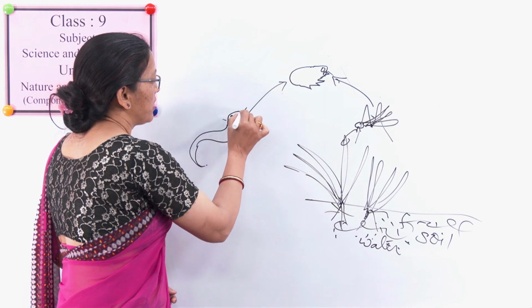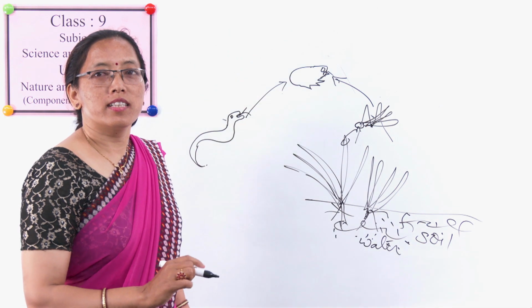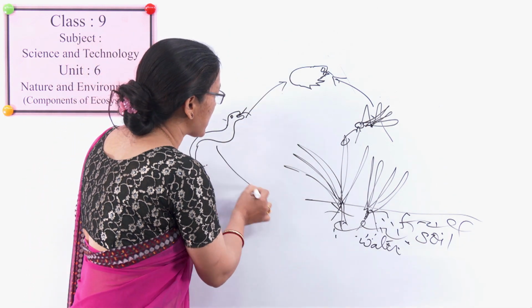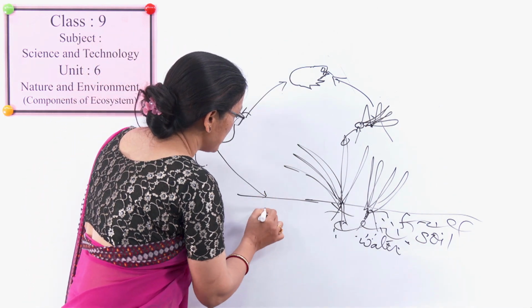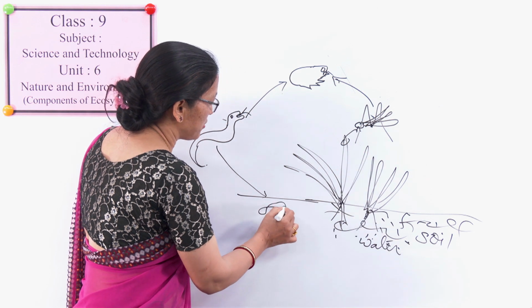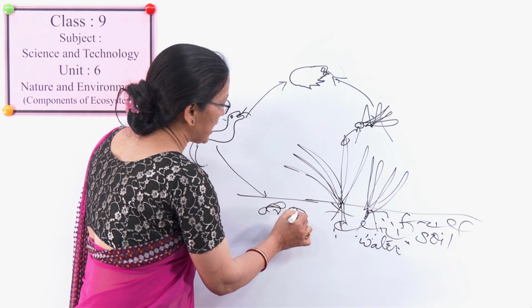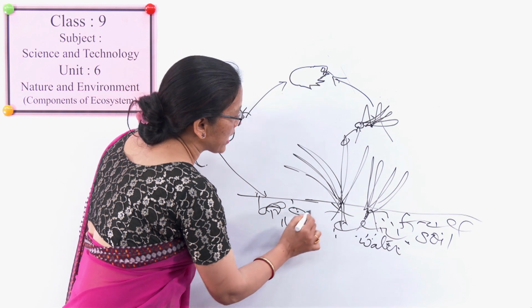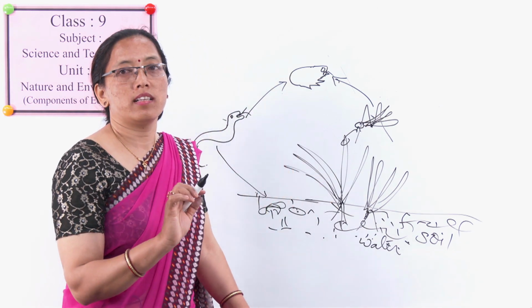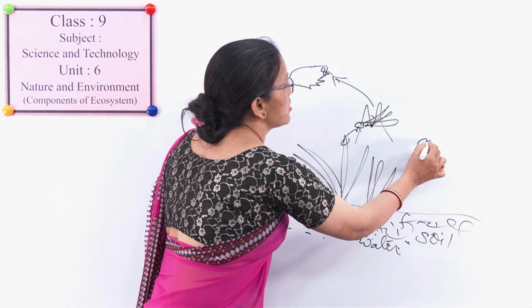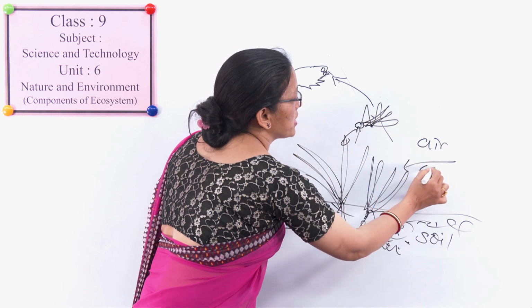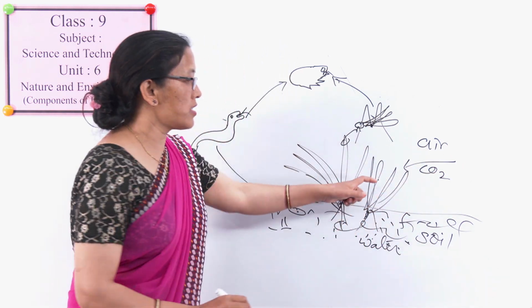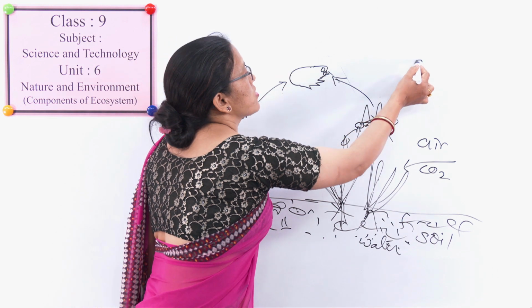snake. Then if this snake dies, what happens? There are different kinds of fungus and bacteria, they will decompose it and it mixes again into the soil. There is air also, which contains carbon dioxide. During photosynthesis it is being used. There is sunlight.